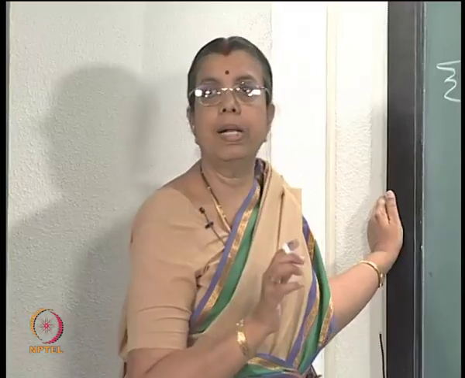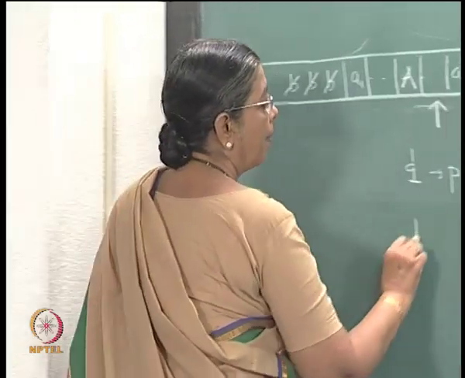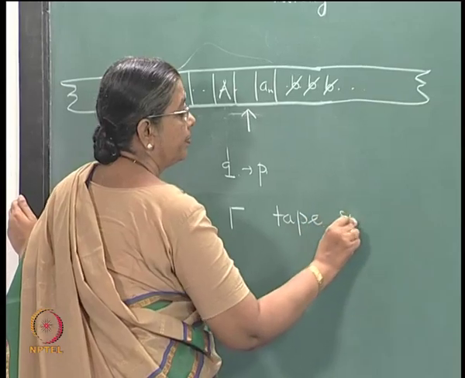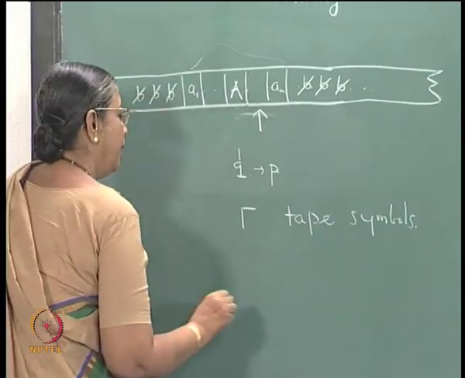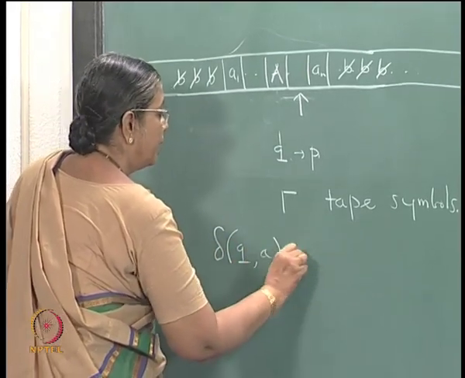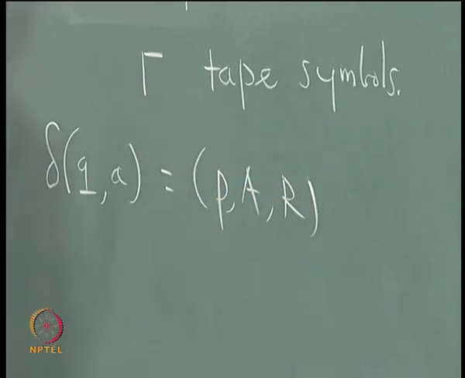There are some symbols which can be written on the tape. They are called tape symbols. Gamma, if you denote as tape symbols. The mappings will be written like this: delta of Q, A is equal to P, A, R, something like this.